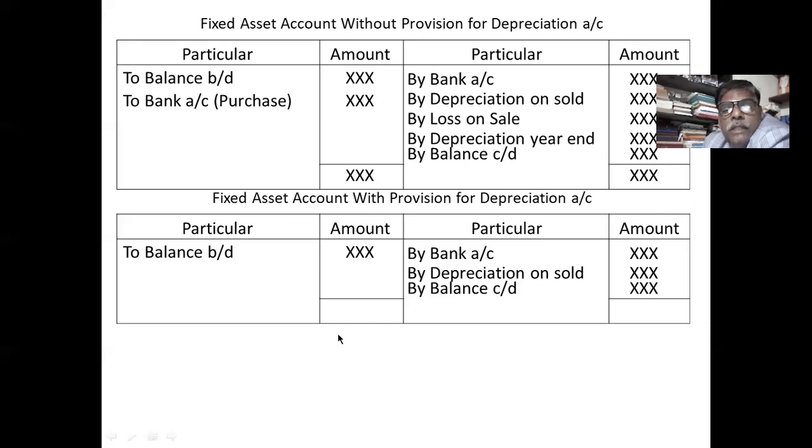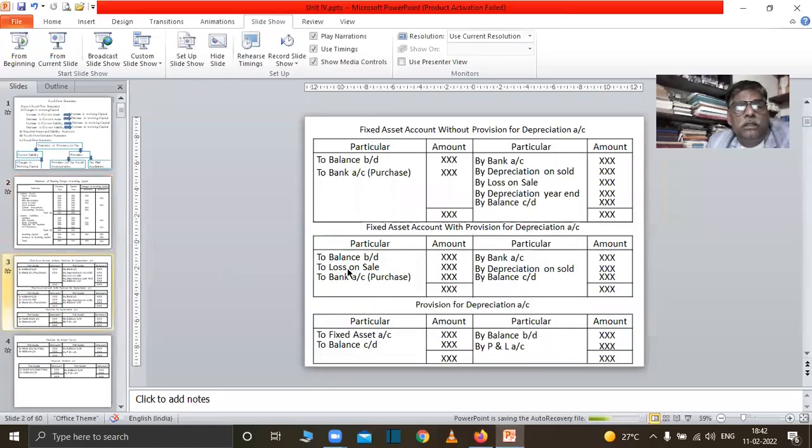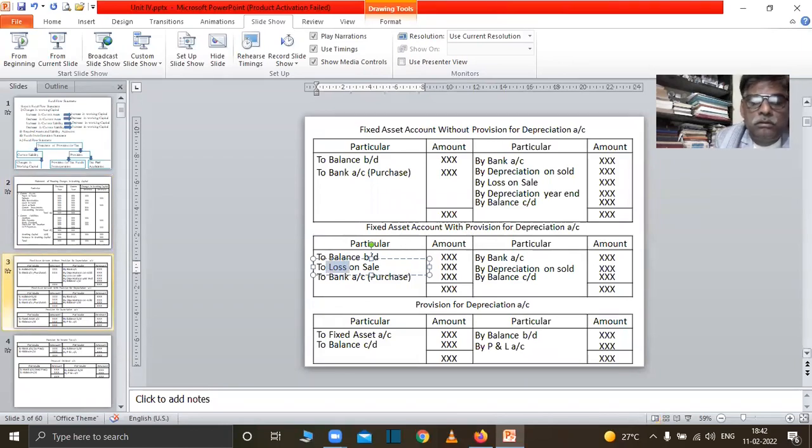And then you write the profit on sale. It is not a loss on sale, it is profit on sale.